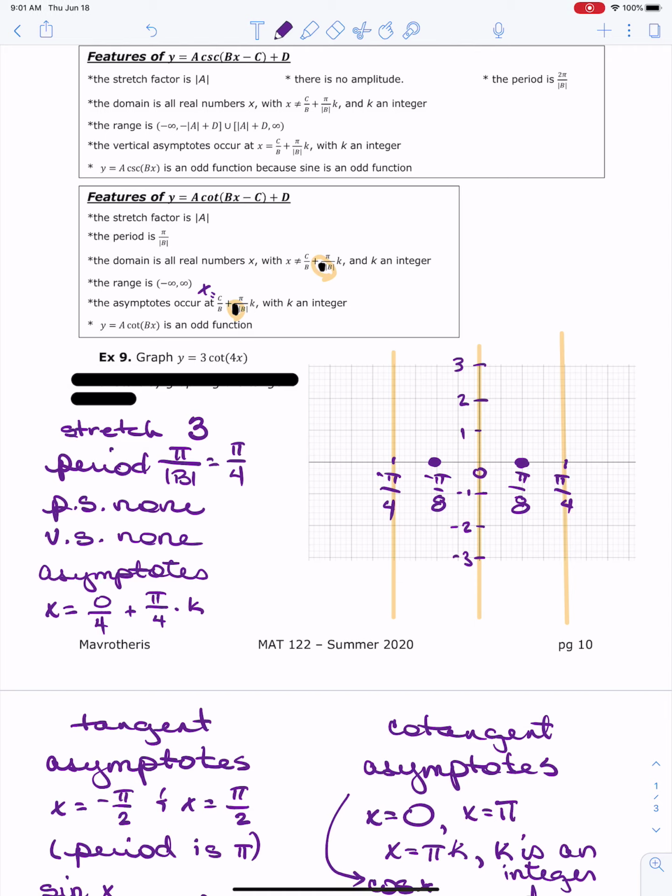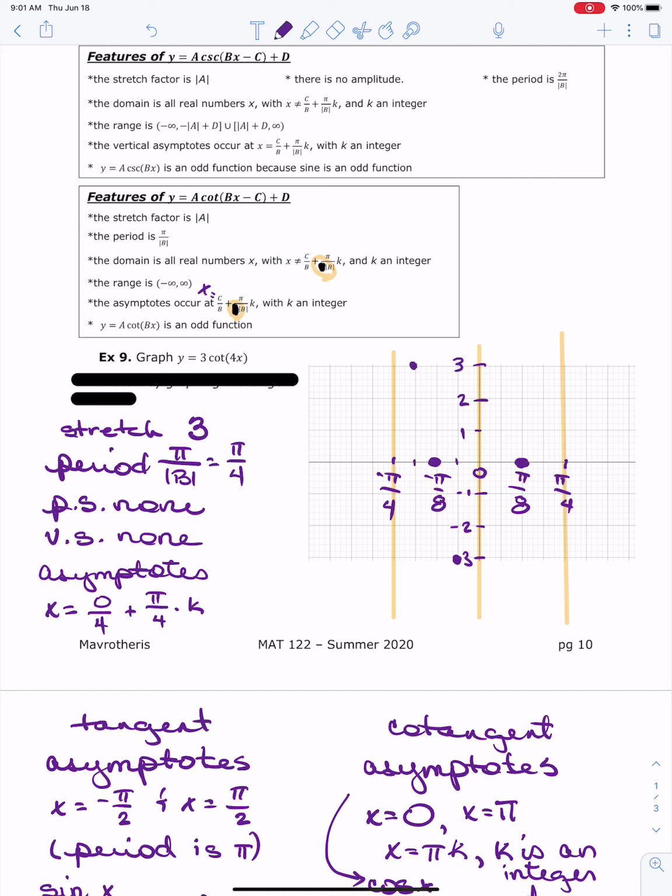Cotangent is 1 over tangent. So we are going to end up with cotangent going the opposite direction that tangent does. So rather than going up to the right like tangent, it's going to go down to the right. Okay, it's our cotangent graph. Here we've got a stretch factor of 3. So if I go over 1, if I split this half of the period, the bottom half and the top half, I'm going to go down 3 to the right.